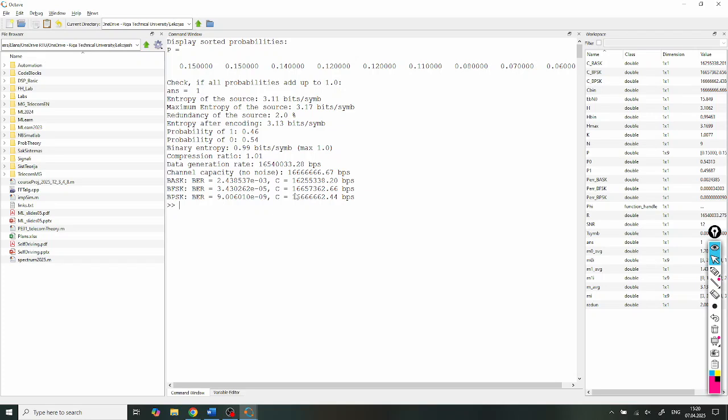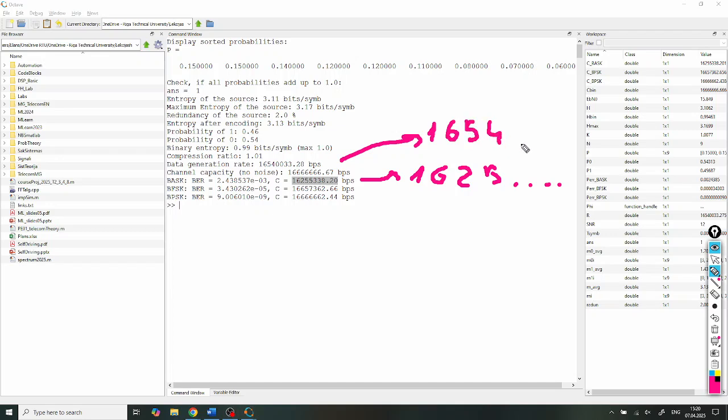Now, for frequency shift keying, it's also good, but not too good. And for amplitude shift keying, you can see that now this capacity is, maybe it's difficult to see for you, so it's 1, 6, 2, 5, and so on. Whereas this data generation rate was 1, 6, 5, 4, and so forth.